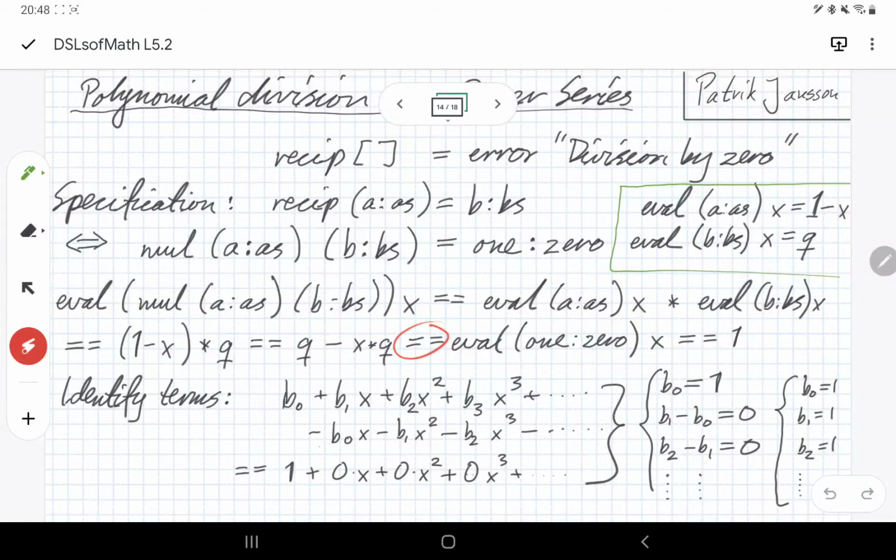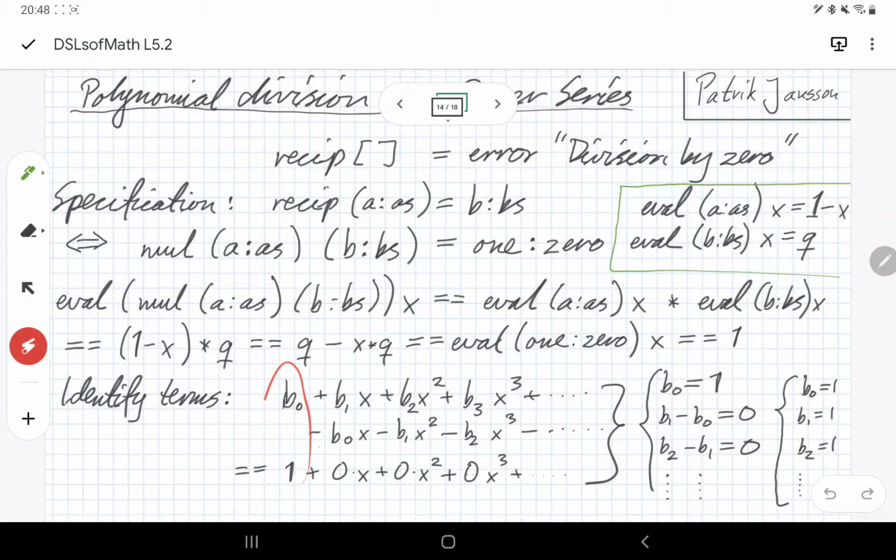And this should evaluate to, as we said, 1, and 1 is equal to a constant plus 0x, 0x squared, 0x cubed, and so on. And now we can identify the coefficients. So as this should hold for every x, this is true only if all of these equations are solved.